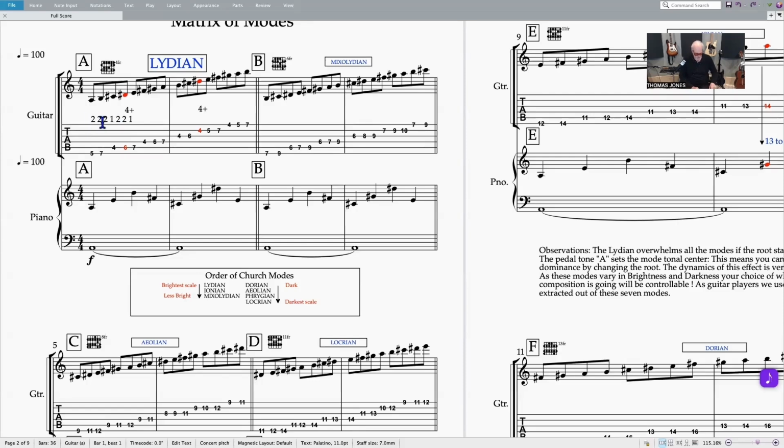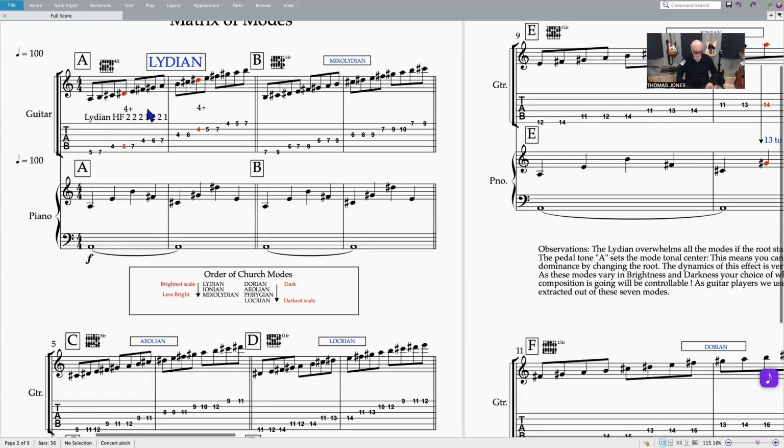So let's just do this. HF means horizontal formula. So I'm just going to say that's what this is.